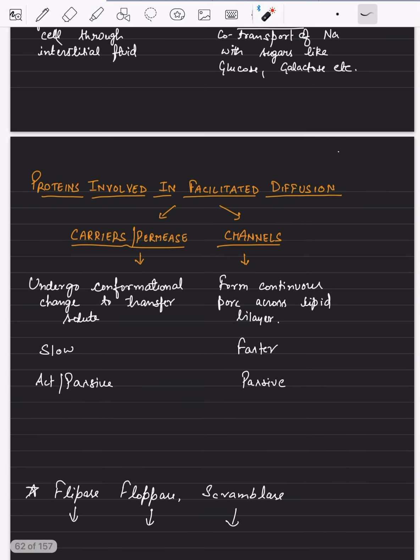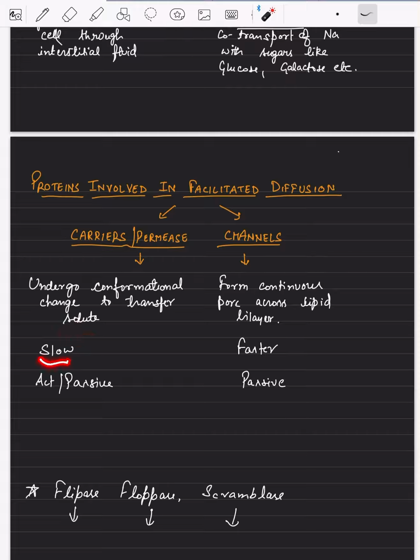Then if we are saying that some assisted molecules are there in facilitated diffusion, what could they be? They could be carrier protein, permease, or channel. These carriers or permeases undergo conformational change to transfer the solute.